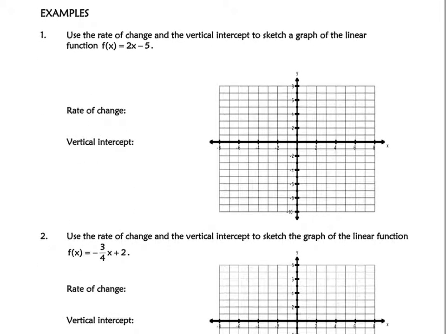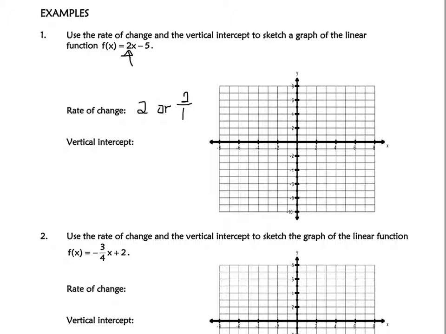So the first thing you have to do is identify your rate of change, which this is the form of the dependent variable equals rate of change times independent variable plus your initial value. So in this case here, your rate of change would be 2. But if it's a whole number, you will want to write that as a fraction just to help you figure out how high to go up and how much to go vertically and horizontally.